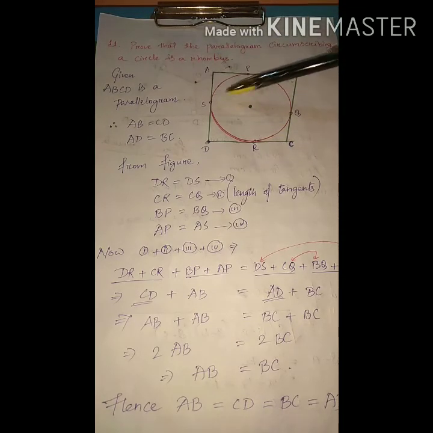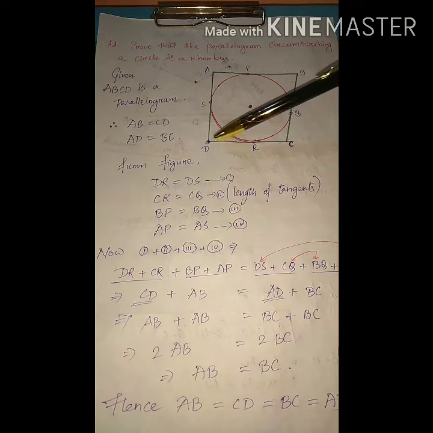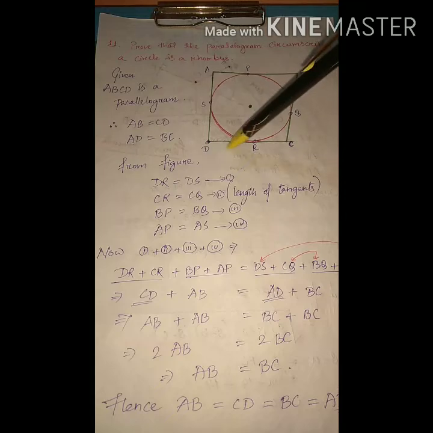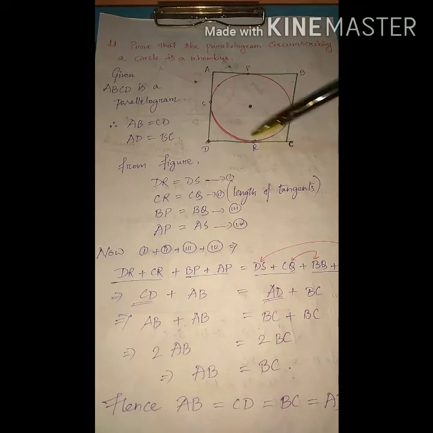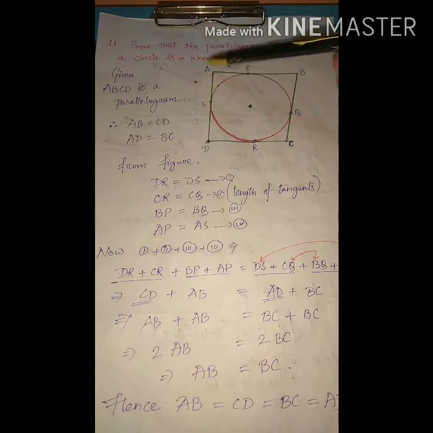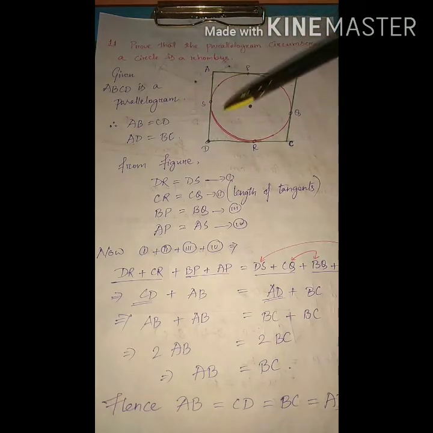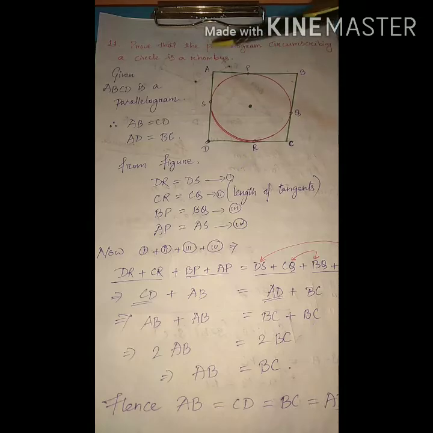If these two are the points of contact, then the lengths DR and DS are always equal, because these are the lengths of tangents, is it not? So easily we can say DR is equal to DS. Similarly C is an external point, so CR equals CQ. Similarly BQ equals BP and AS equals AP. Is it clear?